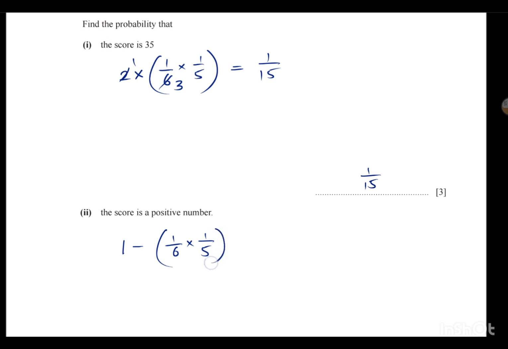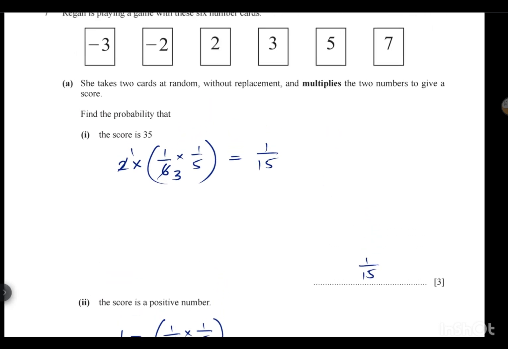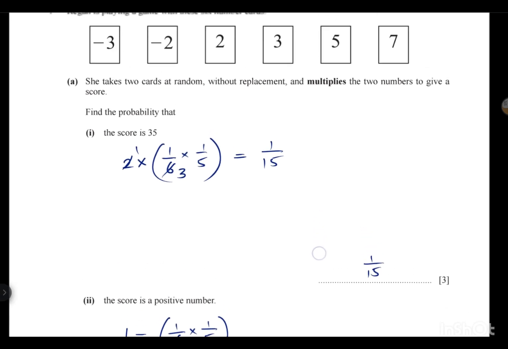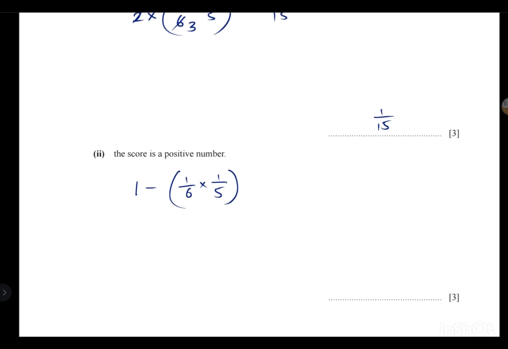Then we can get any number out of 2, 3, 5, 7. So 2 is 1 out of 6, 3 also 1 out of 6, 5 also 1 out of 6, and 7. And getting -3 and -2 will be 2 out of 5. So it will be 2 times this. So 1 minus 1 by 15 will be 14 by.